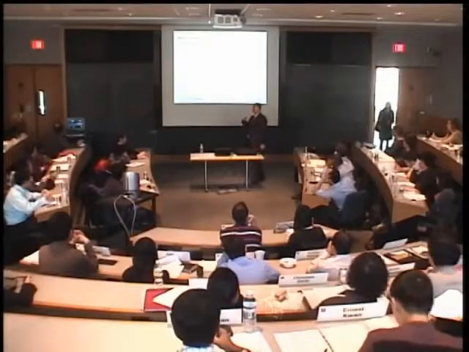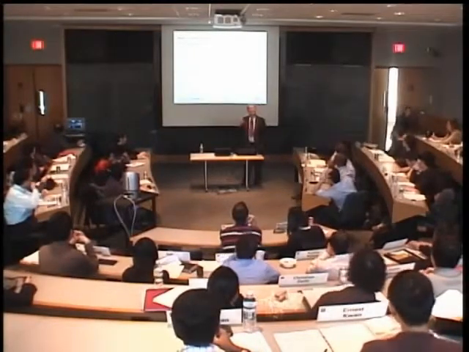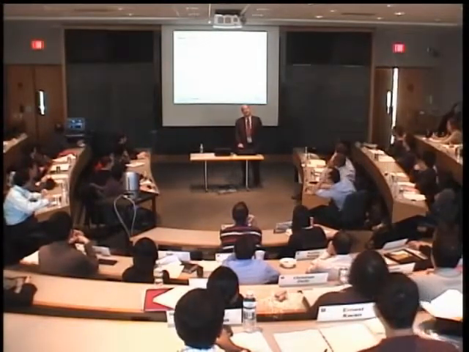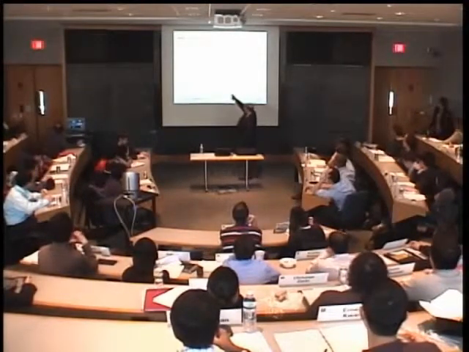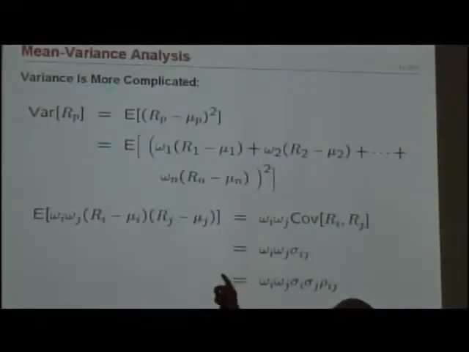You're going to have to dredge up your old DMD knowledge here of how to compute variances of sums of random variables. The variance of my portfolio return, R sub p, is simply equal to the expected value of the excess return of that portfolio in excess of its mean, squared, and then take the expectation of that.